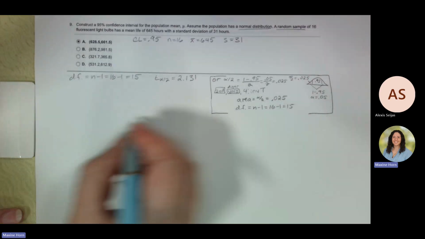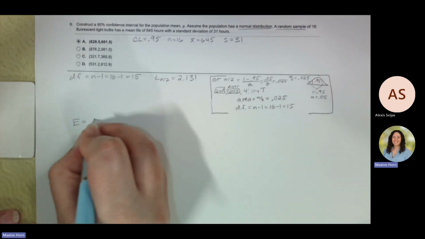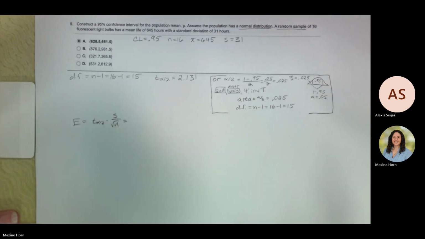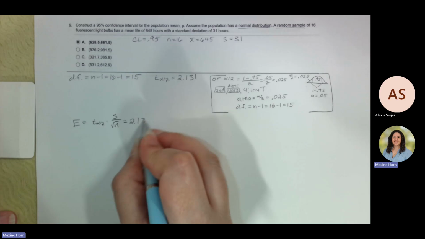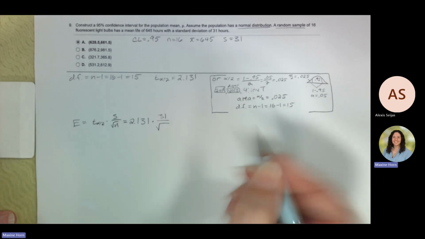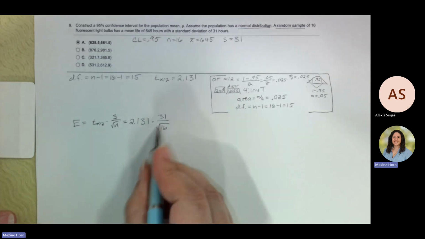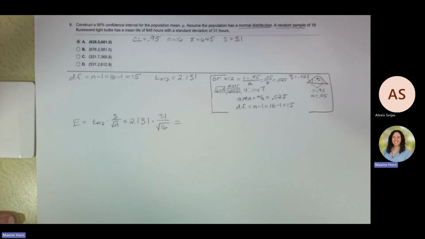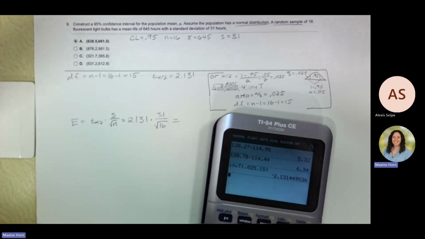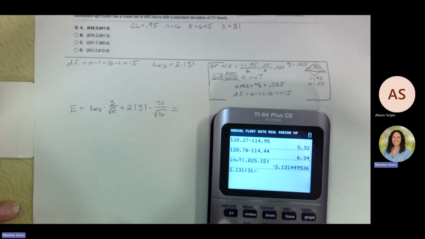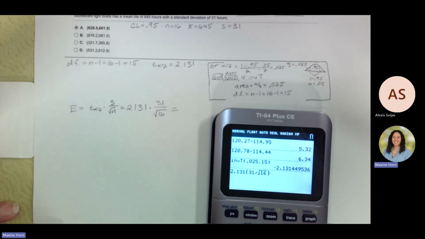So margin of error equals t alpha halves times s over square root of n. 2.131 times the sample standard deviation 31, and the square root of n is square root of 16. That's just 4, but if you don't recognize that, that's fine. You can just plug in square root 16. You don't have to simplify things before you plug them in. So 2.131 times 31 over square root of 16, or I could have just put 4.